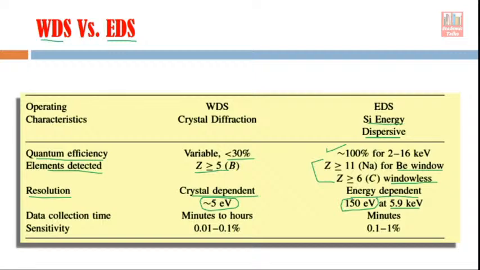Only then can we see them as separate peaks; otherwise they will merge together and appear as a single peak, so there are chances that we make a wrong conclusion and miss certain elements present in the material. And the data collection time in case of WDS is from minutes to hours, while in case of EDS it is in minutes only.